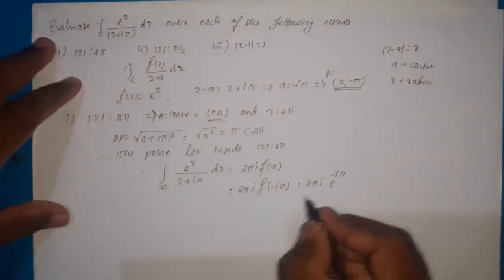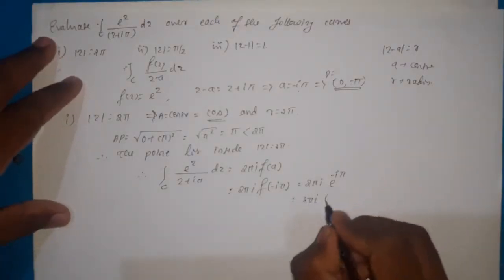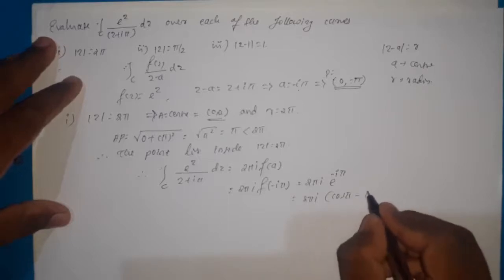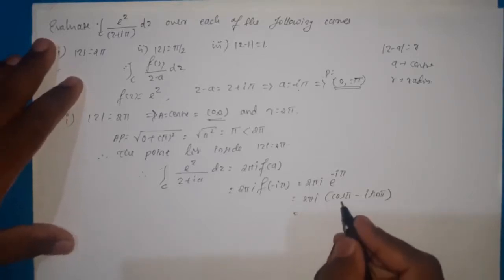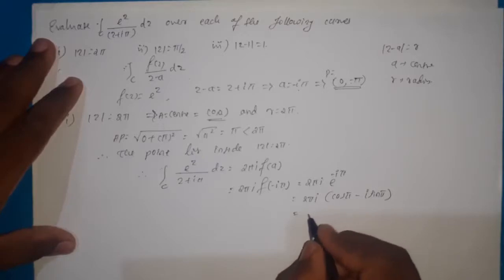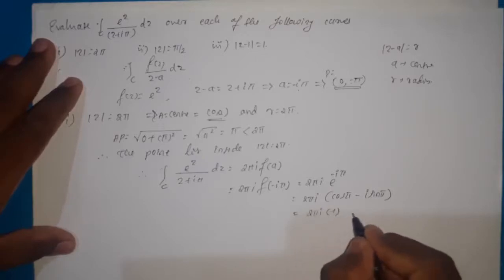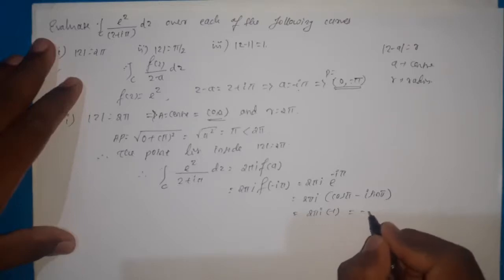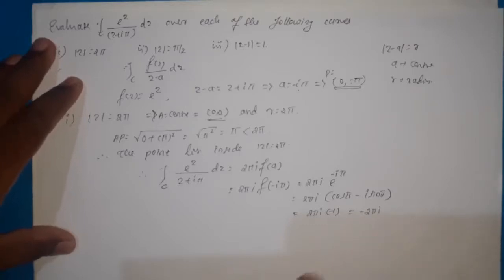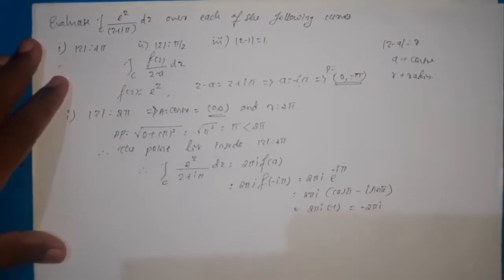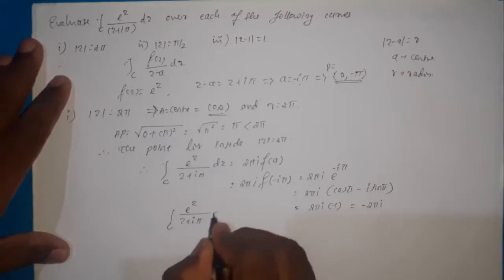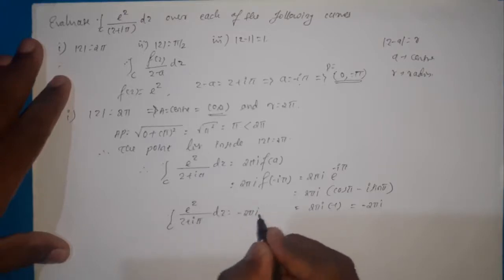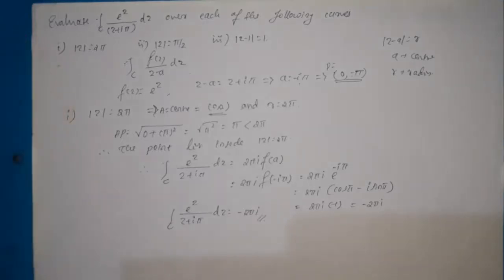So therefore this is equal to 2 pi I into cos pi minus I sin pi. So we know that sin pi is 0 and cos pi is minus 1. So therefore that is 2 pi I into minus 1, which is equal to minus 2 pi I. So that is the value of the integral. That is integration over c e power z divided by z plus I pi dz equal to minus 2 pi I, which is the required value of the integral.